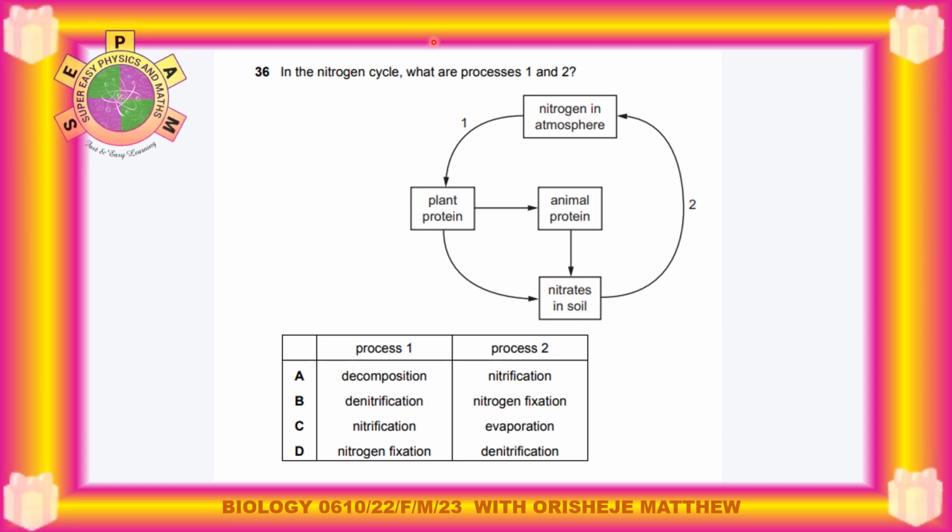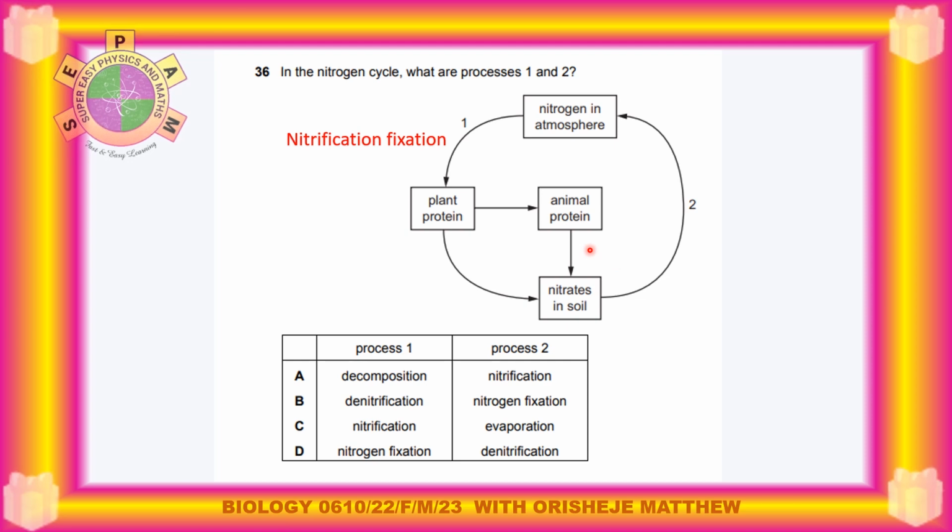In the diagram of the nitrogen cycle, what are the processes 1 and 2 representing? If you look at it, nitrogen in the air is converted to plant protein. That is nitrogen fixation, carried out by bacteria in the root of the plant.